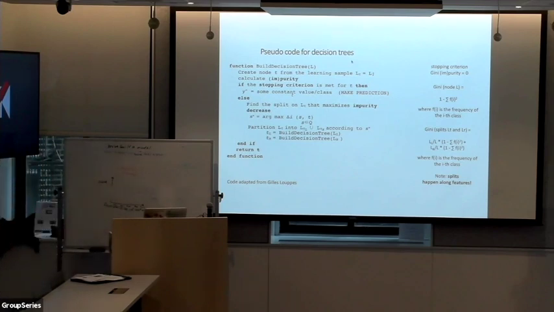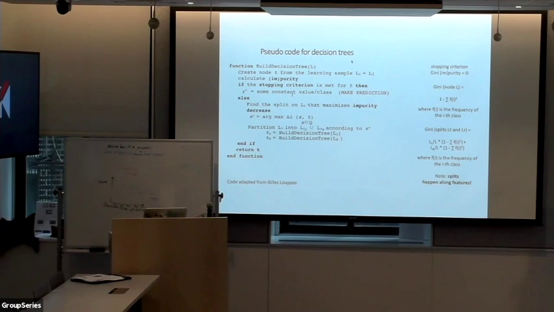In general, when you find possible splits, we have to decide beforehand what our stopping criterion is going to be. For example, if the impurity in my box is below 0.1, I may decide that this is enough and I don't want to continue splitting.